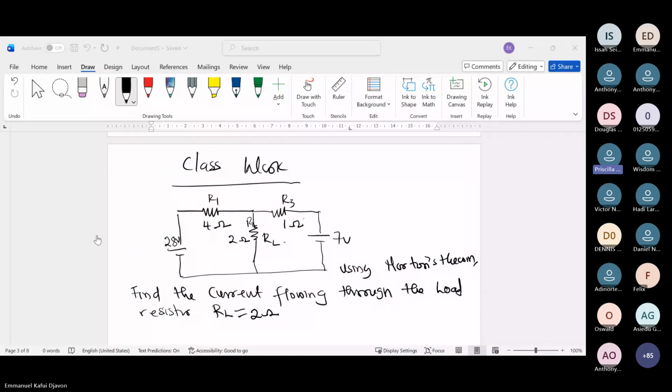Do you understand? So you do it, 28 over the resistor there, which is R, and the other IL2, 7 over 1, which is R3. Then you add all the answers.